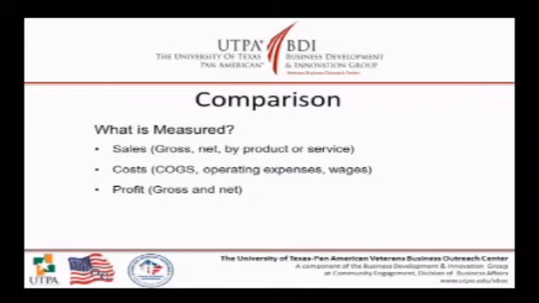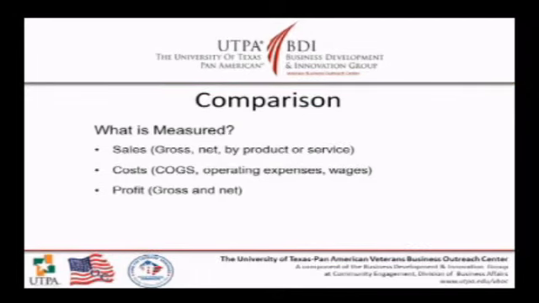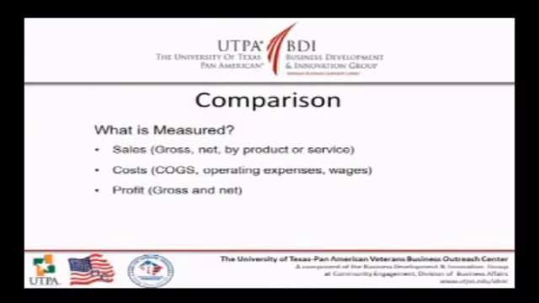Okay, so what is measured? Sales are measured. Costs are measured. Profit is measured. It goes into sales. We talked about gross sales, net sales. You can compare all of those. When it comes to cost, you might want to compare your cost of goods sold, your operating expenses, your wages. We talked about how each of those is segmented into each group.